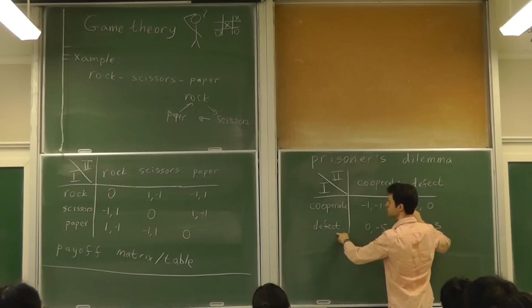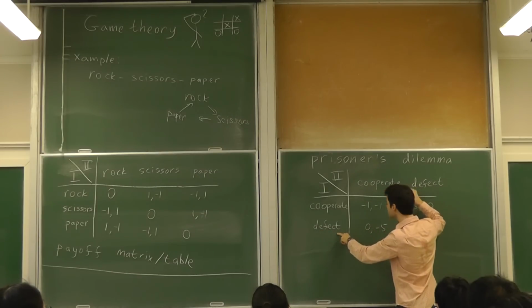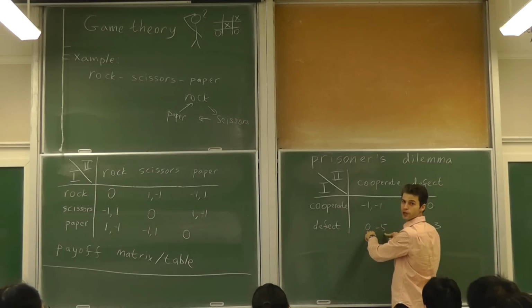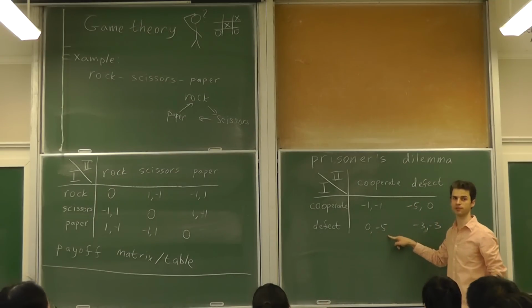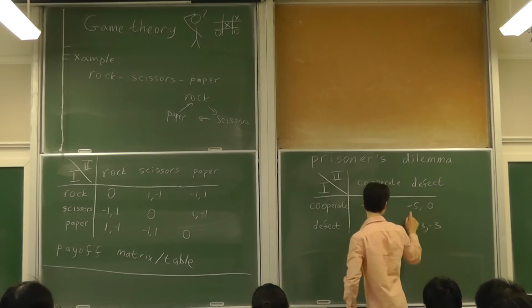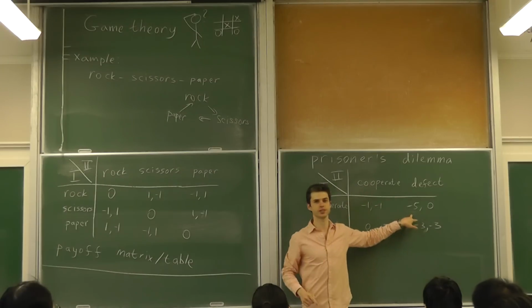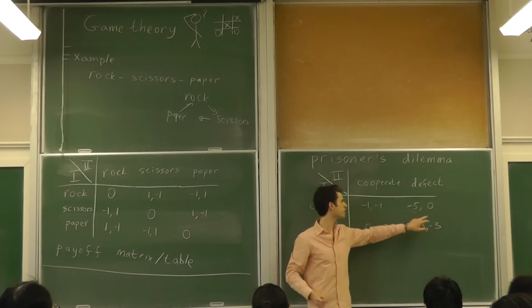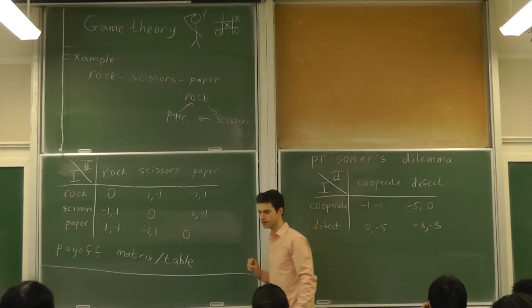If the first player chooses to defect and the second one chooses to cooperate, the payoff to the first player is 0, to the second player it's -5. And similarly for each cell in this table. So the first number in the cell is the payoff to the first player, the second one to the second one.